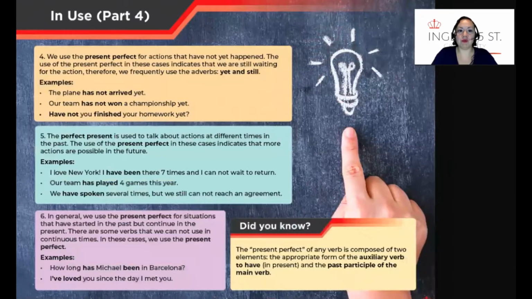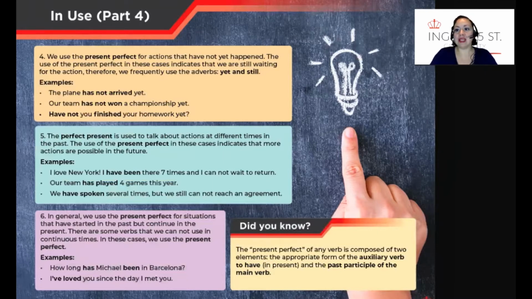In use part 4, we use the present perfect for actions that haven't yet happened. The use of the present perfect in these cases indicates that we are still waiting for the action. Therefore, we frequently use the adverbs yet and still. The plane hasn't arrived yet.